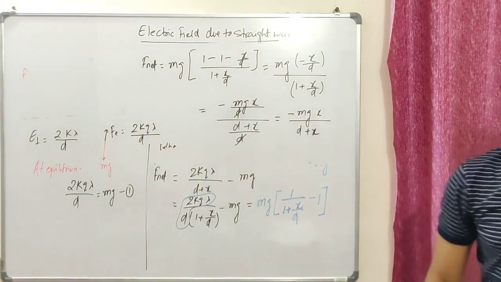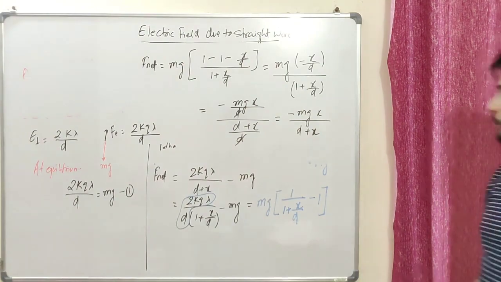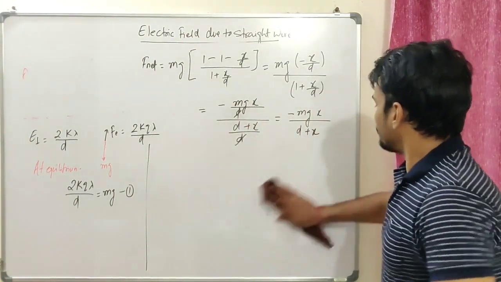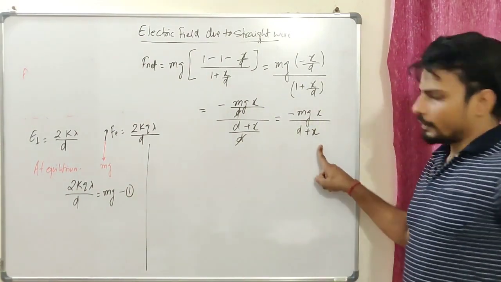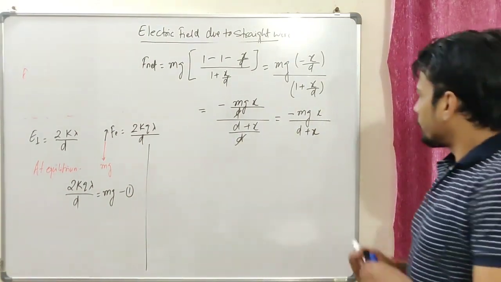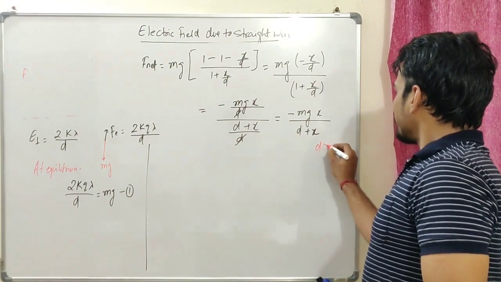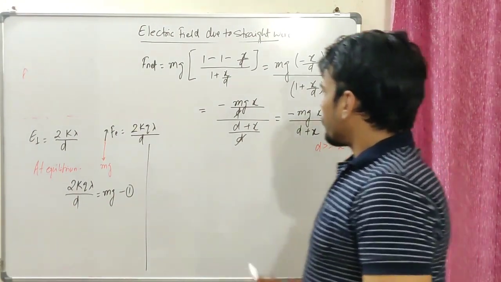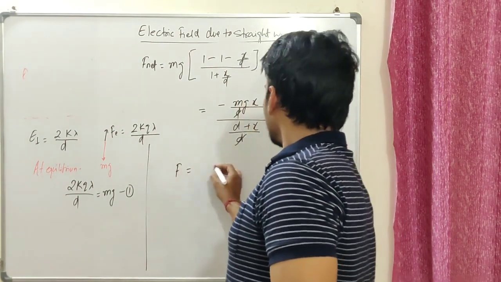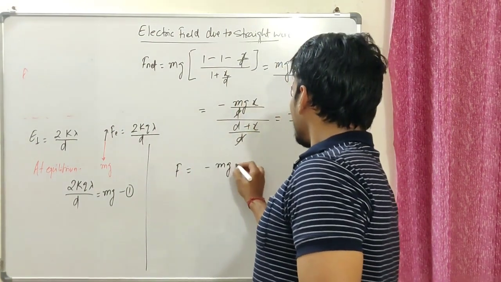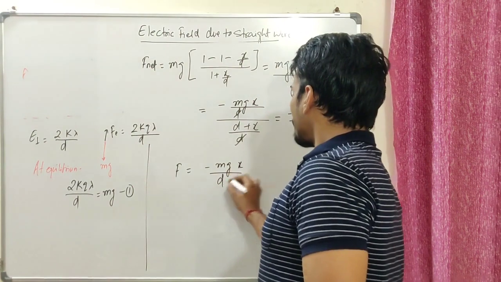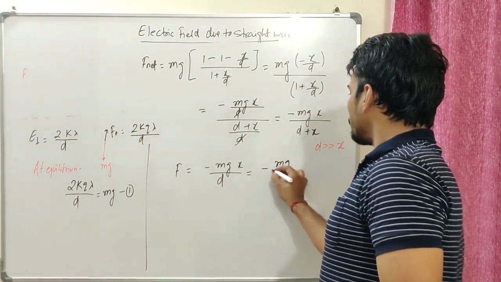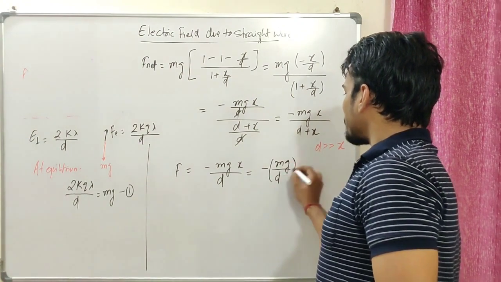As I know that x is very small compared to d, can I just ignore this x over here? We know that d is greater than x. Then I can say this F should be negative mgx over d. Let me rewrite it this way, negative mg over d times x.